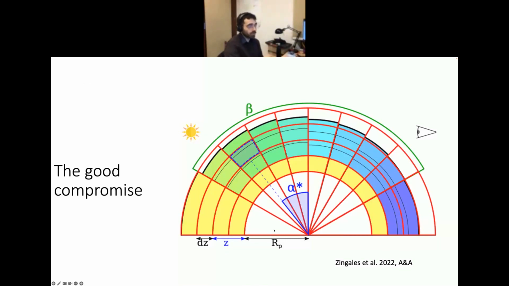atmosphere using two dimensions. The radial dimension allows us to discretize the atmosphere from the bottom to the top of the atmosphere. And the angular dimension, here parameterized by alpha star, allows us to discretize the atmosphere from the substellar to the antistellar point.